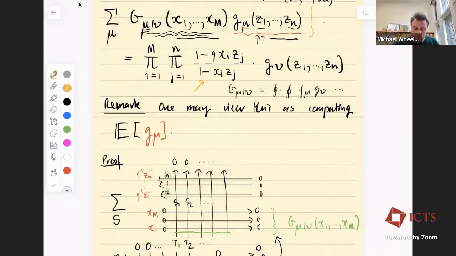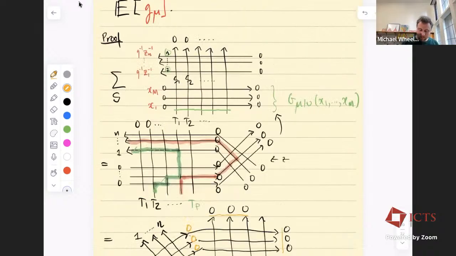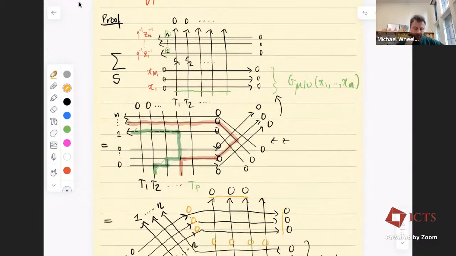I'm a bit confused. So could you go back to the first crosses that you added, the figure after this one? Yeah, just here, this one. So when you added all these extra arrows ending with 0 and beginning with zeros, I'm confused about why you drew this brown graph, because wouldn't that force all of the things to be 0 anyway?